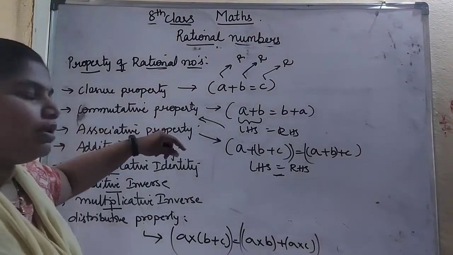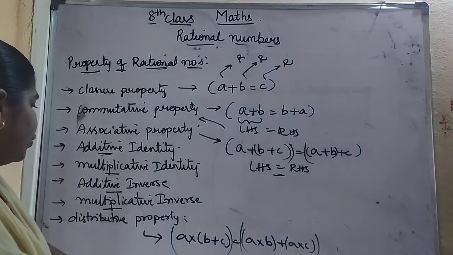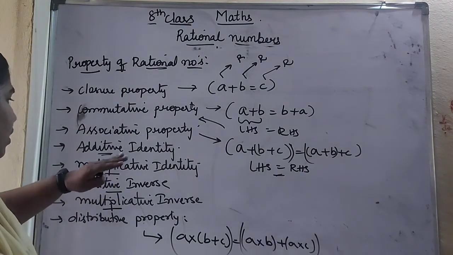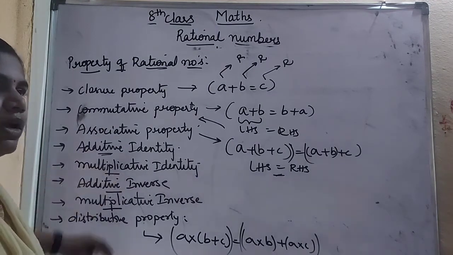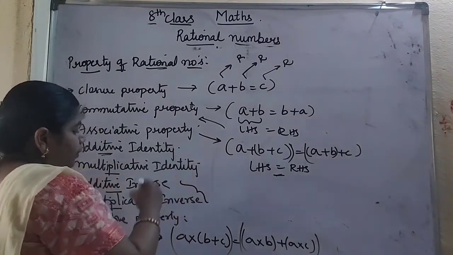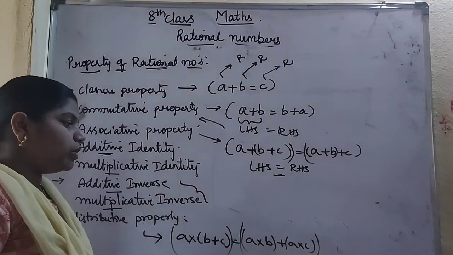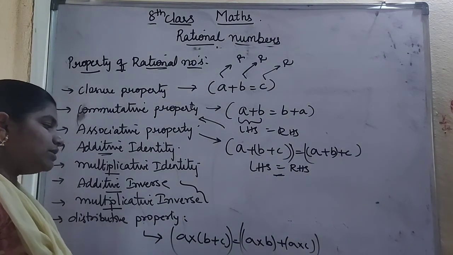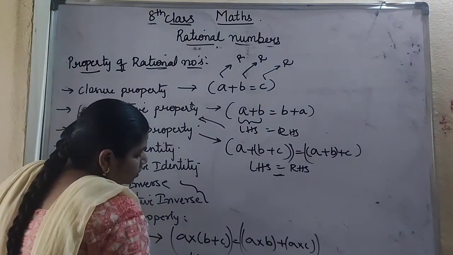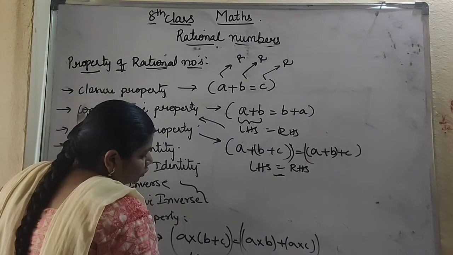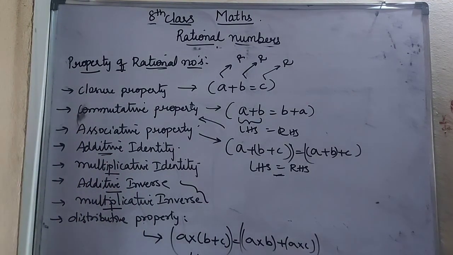In 7th class you learned closure, commutative, associative, additive identity and multiplicative identity. Additive inverse and multiplicative inverse are new for you. For distributive property, A into (B plus C) equals A into B plus A into C, the LHS and RHS should be equal; only then is the distributive property satisfied.